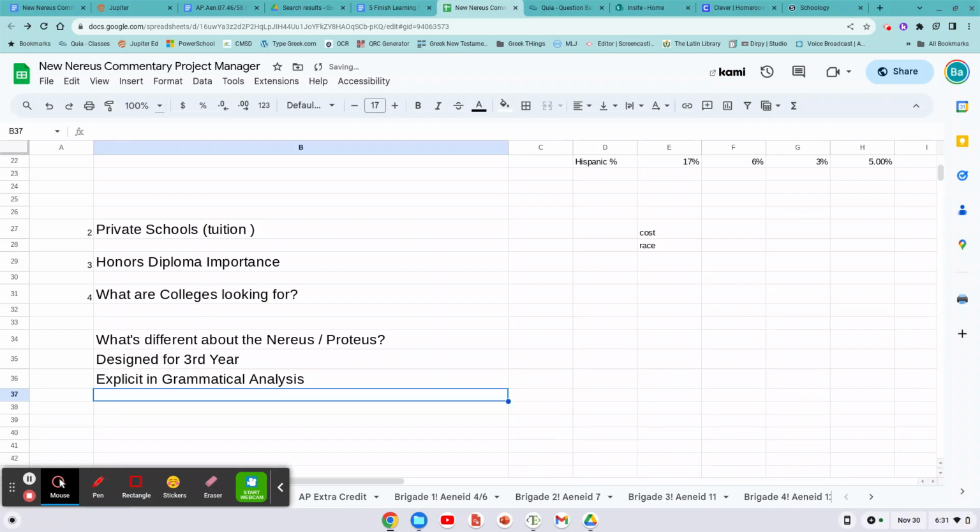It also bridges the gap between scholarship at college level.